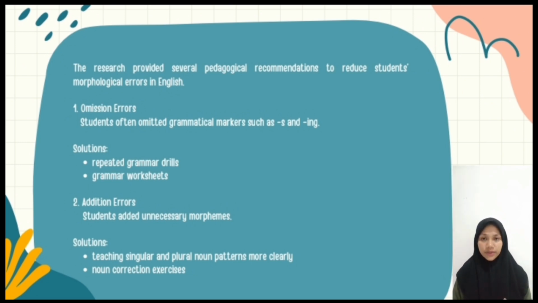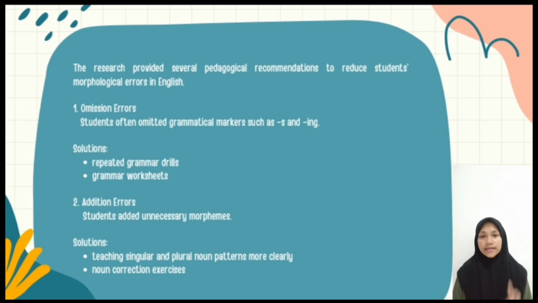For example, students may write she liked, even though the correct form is she likes. To reduce this kind of error, students need to practice grammar more often and do grammar worksheets, so they can become more familiar with using the correct word forms.